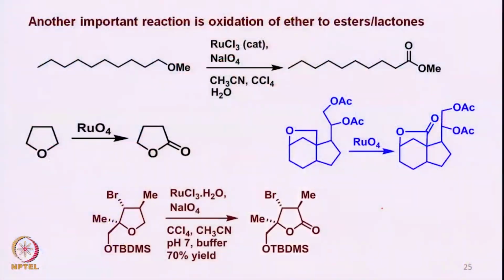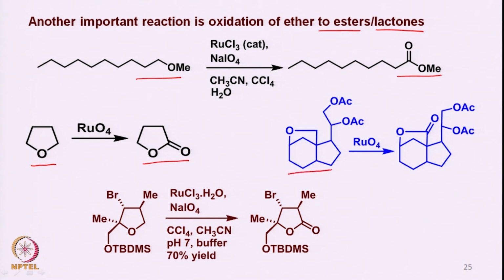There is another important reaction, which is the conversion of ethers to the corresponding esters, or to lactones. So, if we have an ether of this kind, one can get the corresponding ester. If one starts with a cyclic ether, one can get the corresponding lactone.